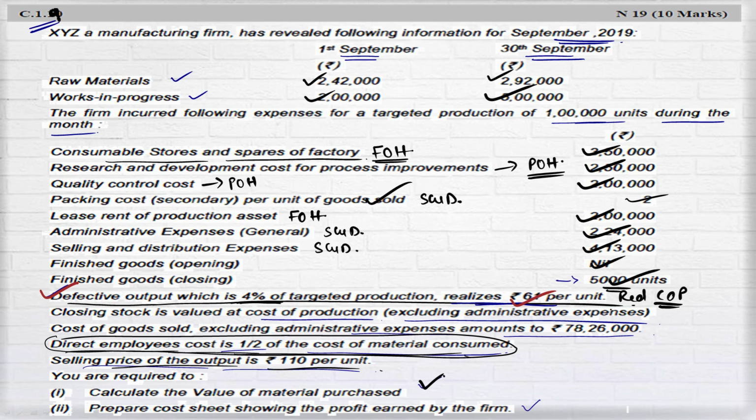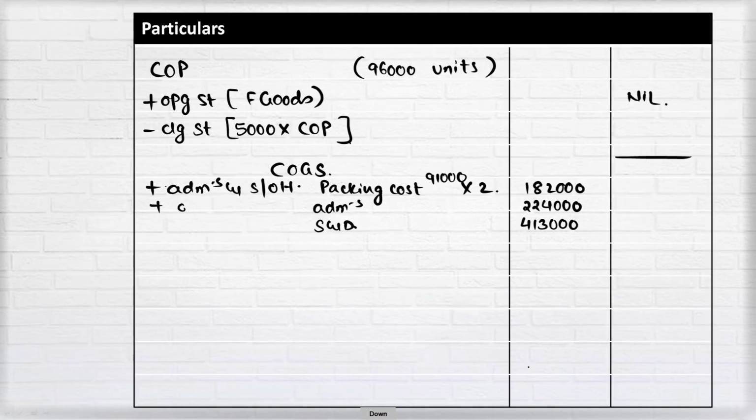I have considered this. Closing stock is valued at cost of production. I have written it in inner column. Cost of goods sold, excluding administrative expense, amounts to 78,26,000. COGS is 78,26,000.